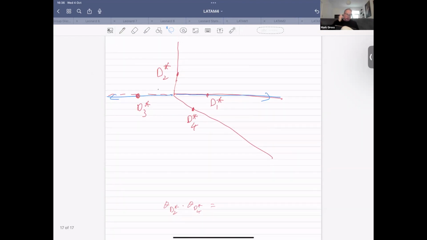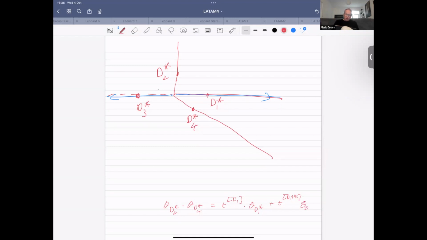So we're going to get two terms. I'm going to get T to the D1 times theta D1 star, plus T to the D1 plus E times theta 0, which again is the unit.